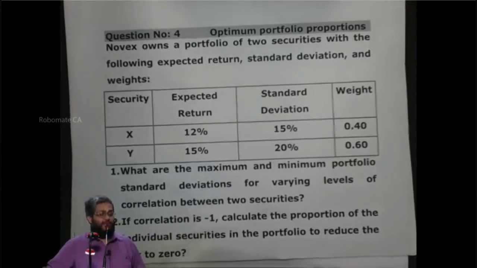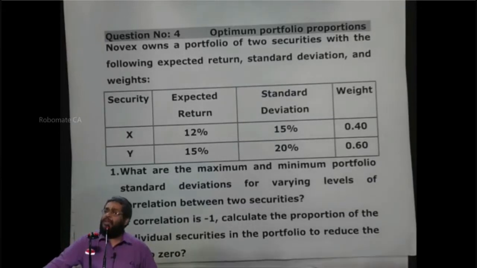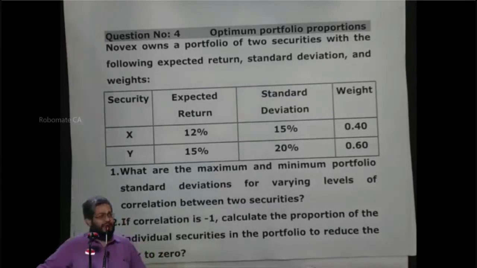So the correlation coefficient measures the co-movement between the security returns. This correlation can take values from -1 to +1. So we have 5 types of correlation: -1, -1 to 0, 0, 0 to 1 and +1. -1 is called perfect negative. -1 to 0 is called negative. 0 is no correlation. 0 to +1 is positive.